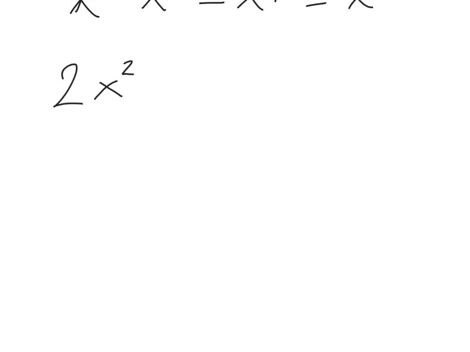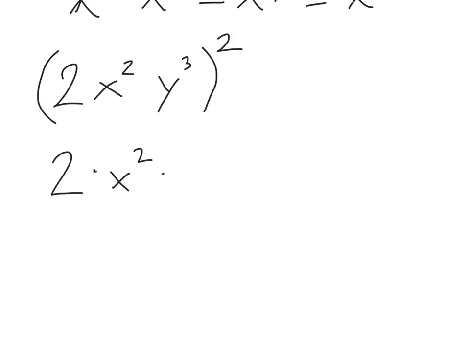Okay, so let's say I had 2x squared y to the 3rd, and I'm going to square that. What that's really saying is I have 2 times x squared times y to the 3rd times 2 times x squared times y to the 3rd.